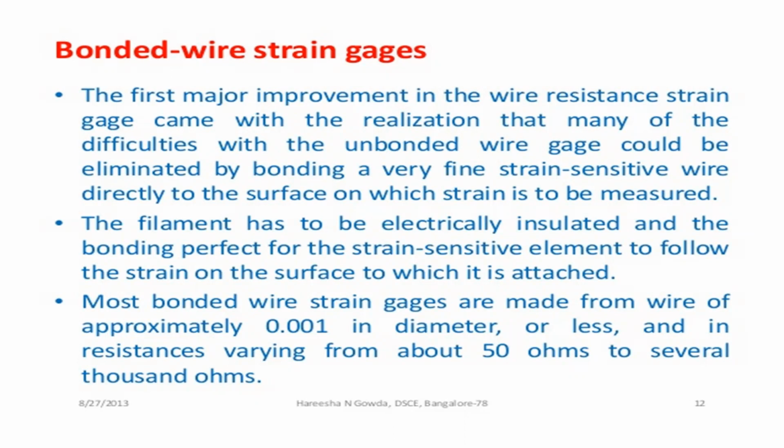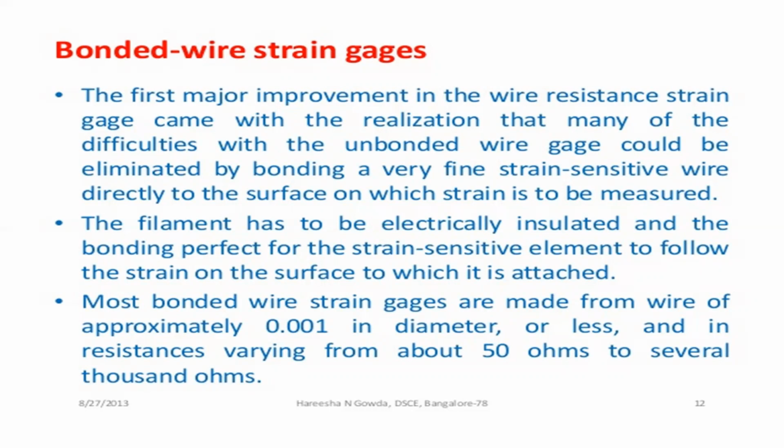The filament has to be electrically insulated, and the bonding must be perfect for the strain sensitive element to follow the strain on the surface to which it is attached. Most bonded wire strain gauges are made from wire of approximately 0.001 in diameter or less, and in resistances varying from about 50 ohms to several thousands of ohms.